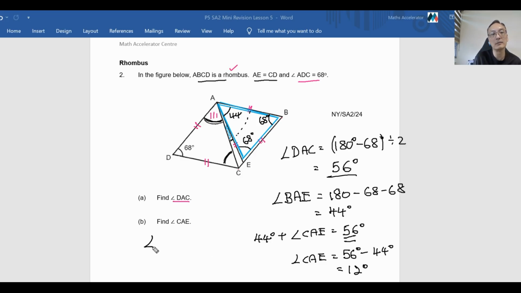So angle BAC is also equal to 56 degrees, and that is equal to the sum of these two angles, BAE and CAE. BAE we calculated to be 44. So 44 plus CAE will give us 56 as mentioned earlier. So we just subtract 44 from 56 and we will arrive at 12 degrees.